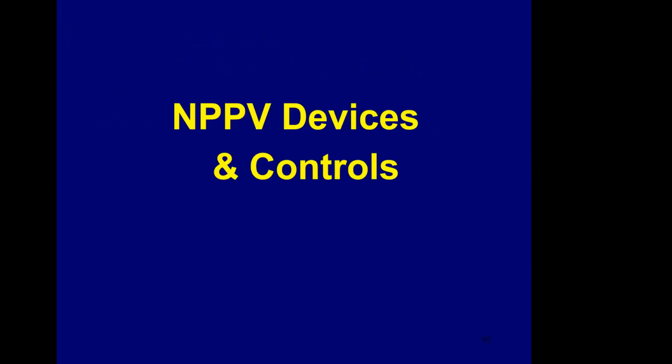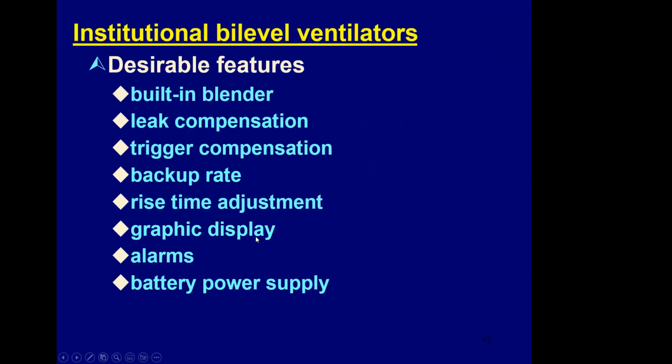Okay, let's look at some of the devices that are used in NPPV as well as the controls. Our ventilators. First, there are institutional bi-level ventilators, institutional BiPAP machines.